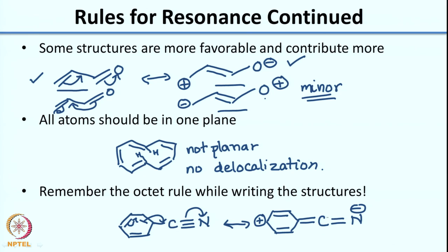Now I cannot push any more electrons onto nitrogen because I would be violating the octet rule. Alright. So these are the rules for resonance, and as I said, some structures contribute more than the other.